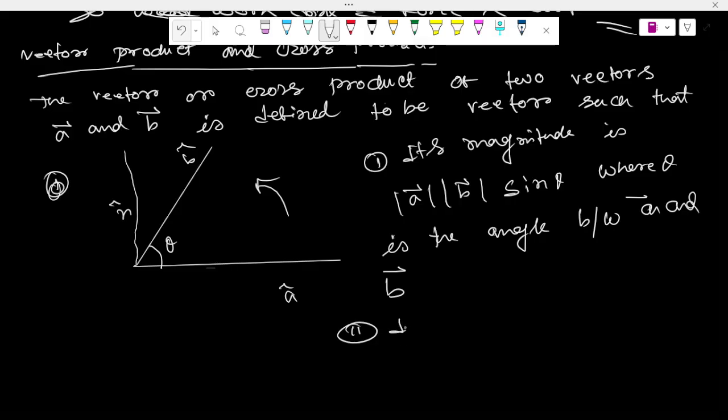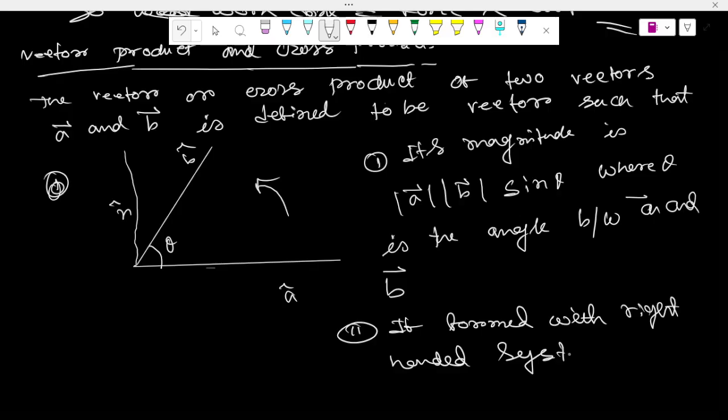Second, it is formed with a right-handed system.